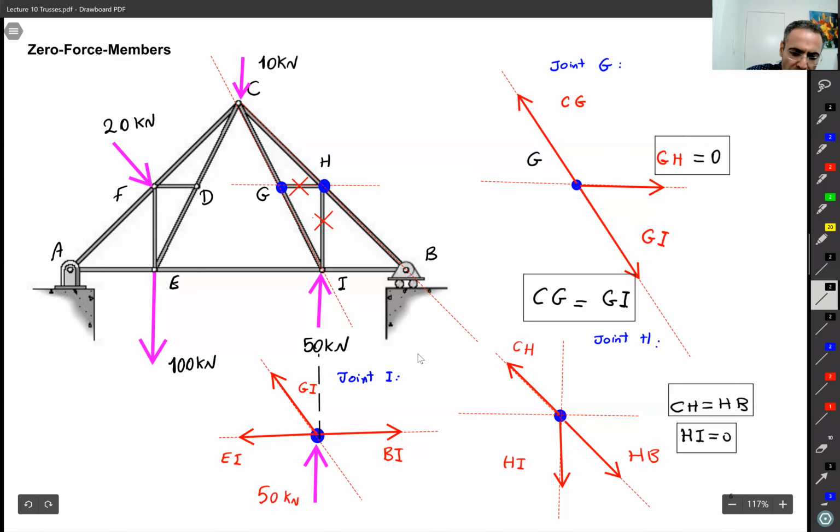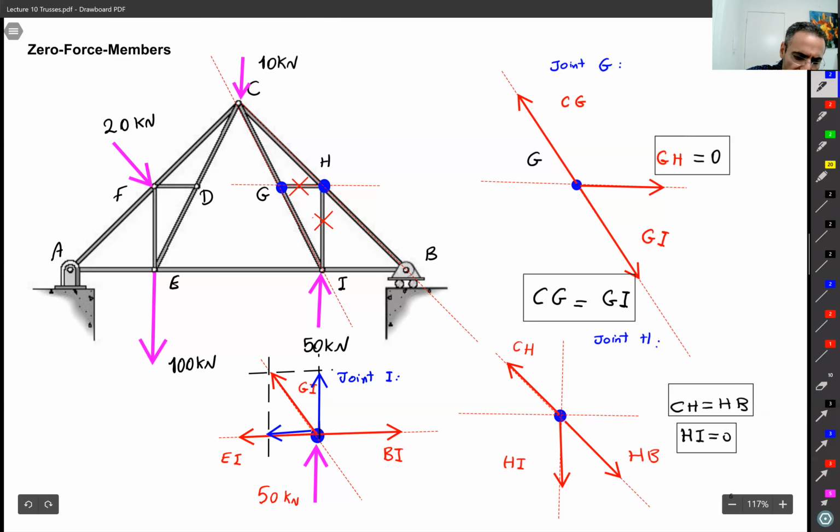Again, I've seen a student make a mistake. So if I find the component of this GI, this GI has components. It's going to be one component, and that's another component.